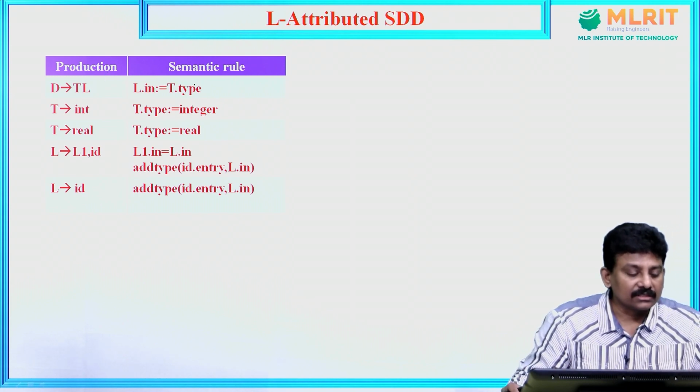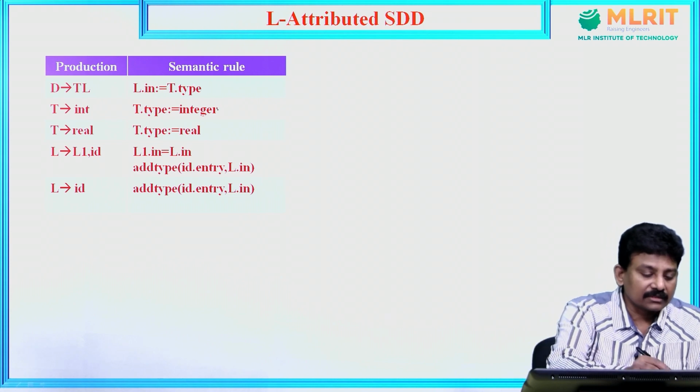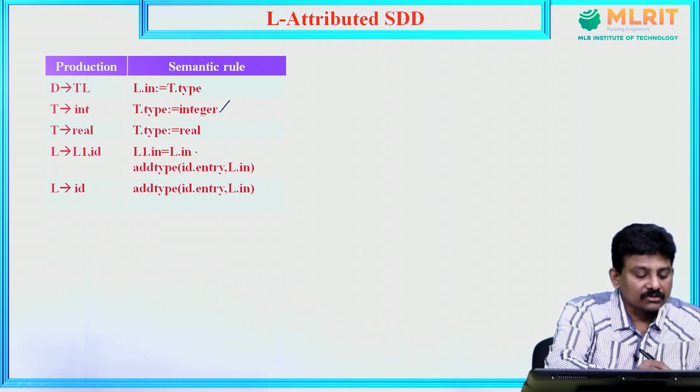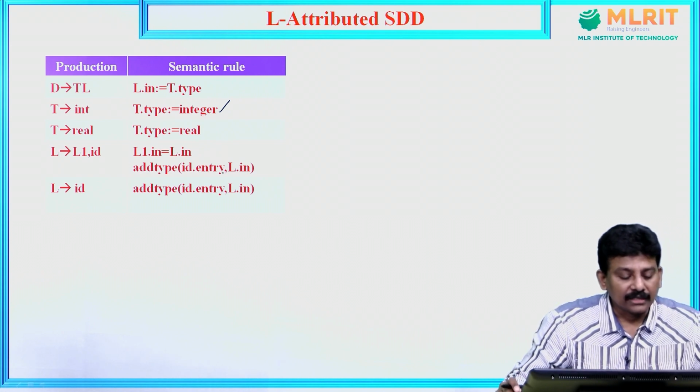T derives integer, T.type is integer. T derives real, T.type is real. L derives L1 comma ID, L1.in = L.in, and addtype is the function, addtype(ID.entry, L.in). Another production, L derives ID, addtype(ID.entry, L.in).